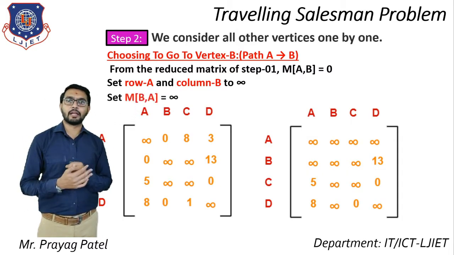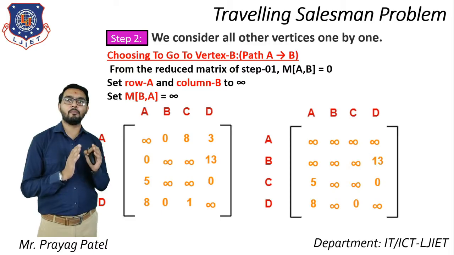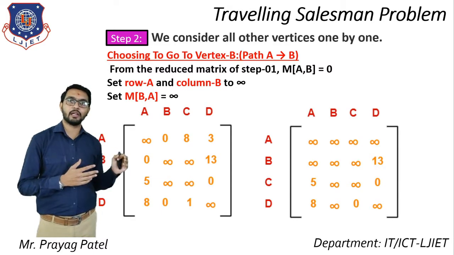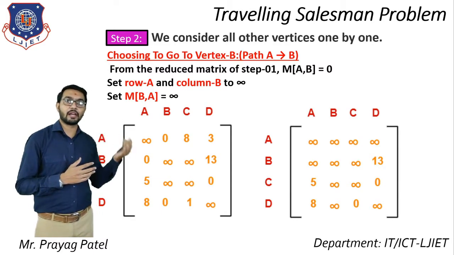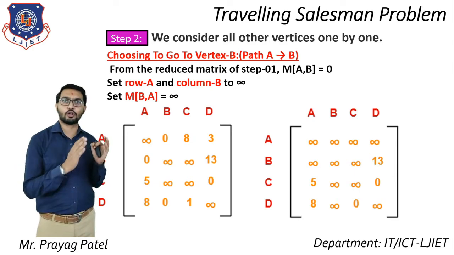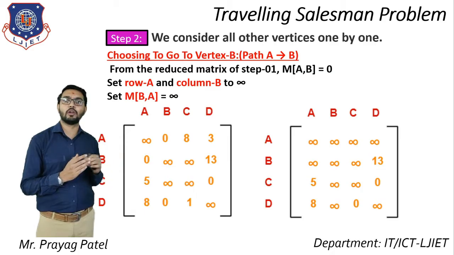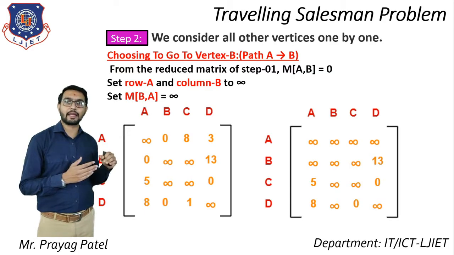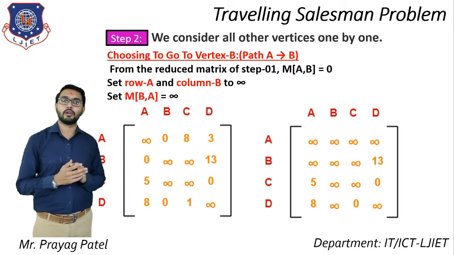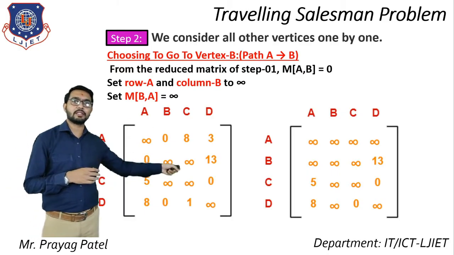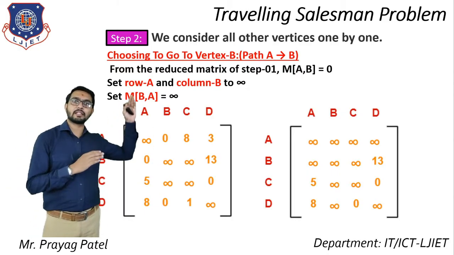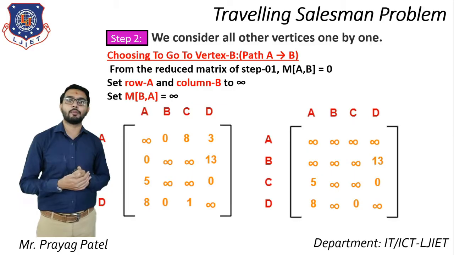Now after that consider the location MBA. Here the path is A to B, then the reverse of your path is the location. So set location MBA equal to infinity. BA means second row, first column equals infinity. Now consider this second matrix as the resultant matrix after performing this infinity operation.